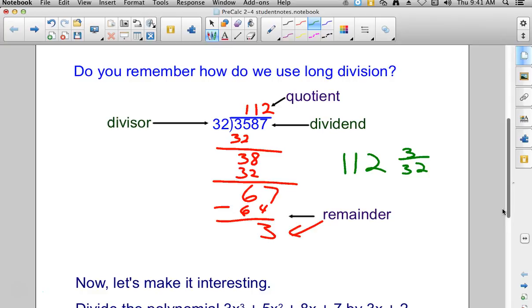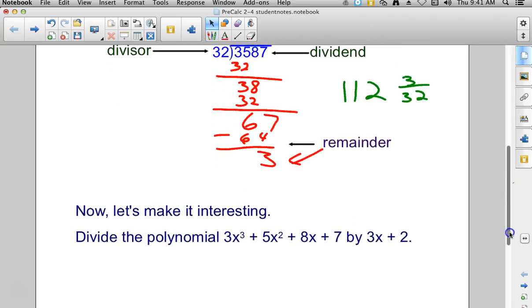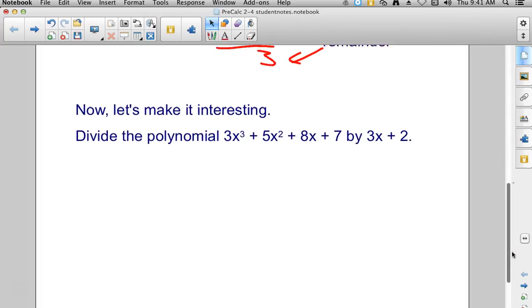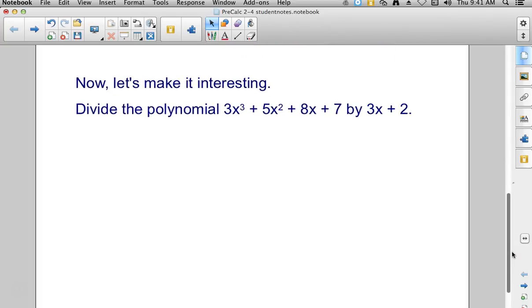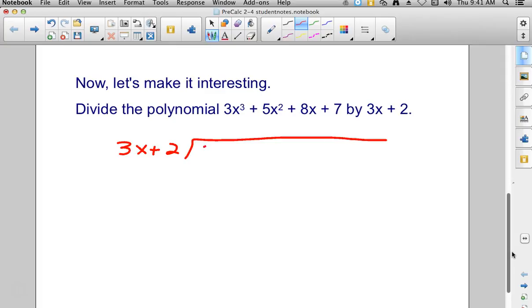So the process is very, very similar when we talk about polynomial long division, but obviously it takes on a little bit different form. So if we start talking about, okay, now we've got a polynomial and we want to divide it, we do still use the good old division symbol and all of that.